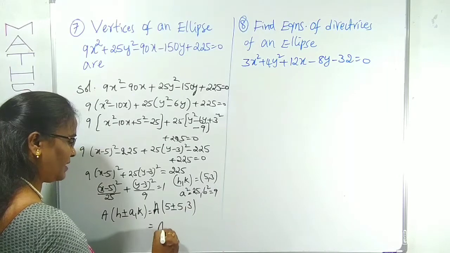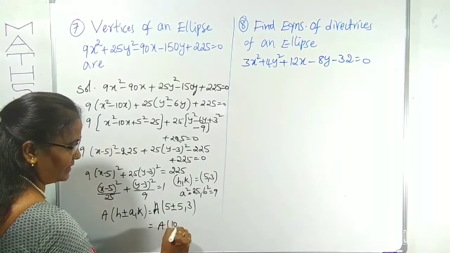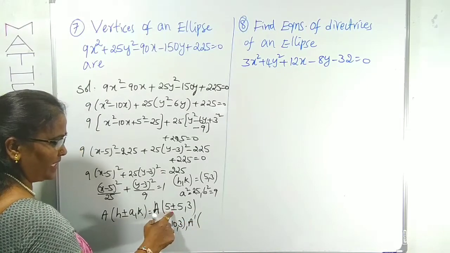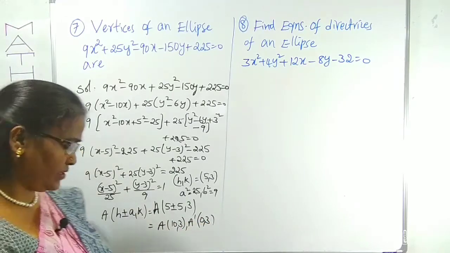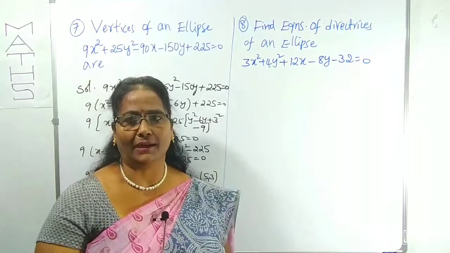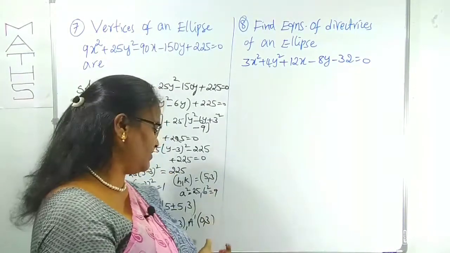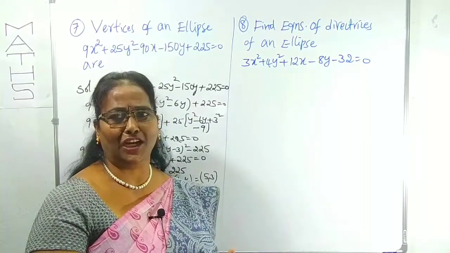The vertices: 5 plus 5 is 10, so 10 comma 3, and the other vertex is 5 minus 5 is 0, so 0 comma 3. That's it. Like that we can find the vertices. The short trick for finding the center is given in that lecture. We can watch that, and from that also we can find the center directly. But we have to concentrate on a and b also.